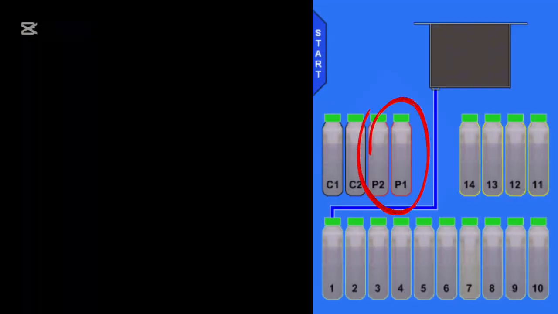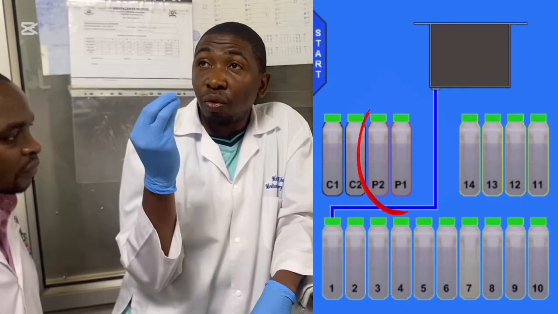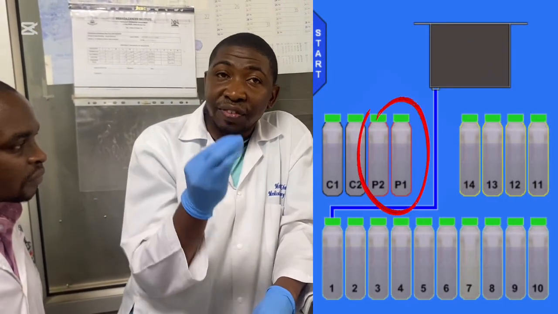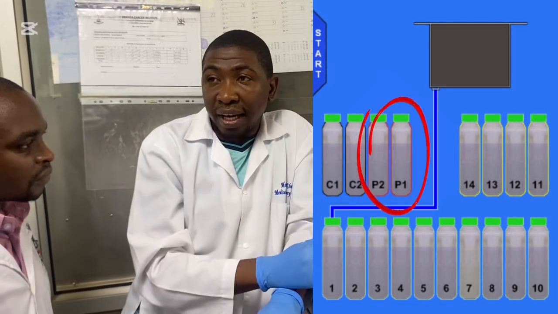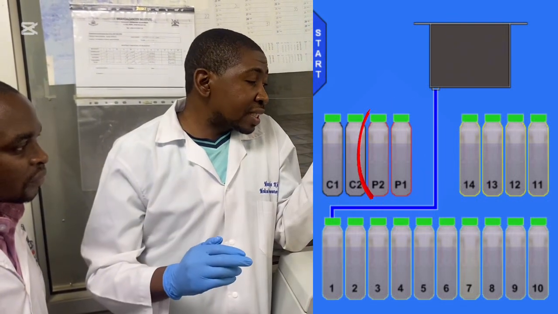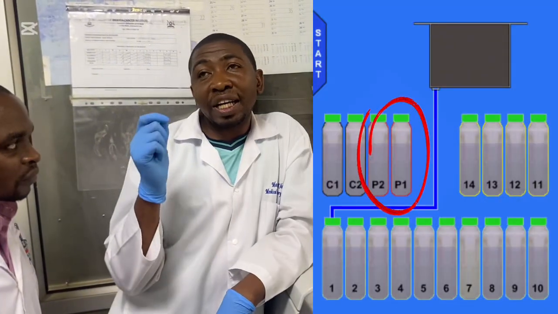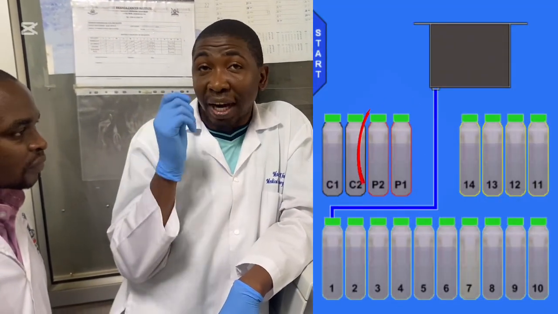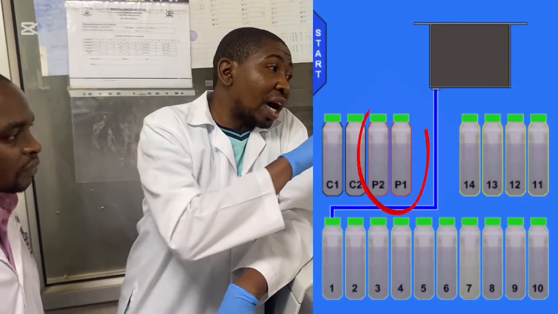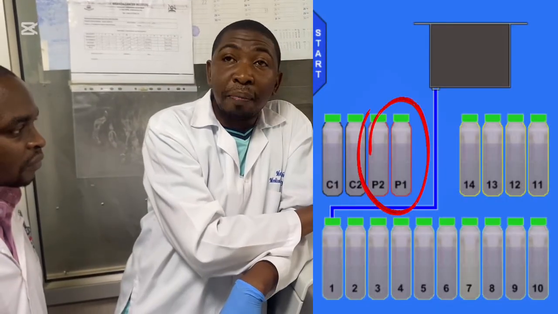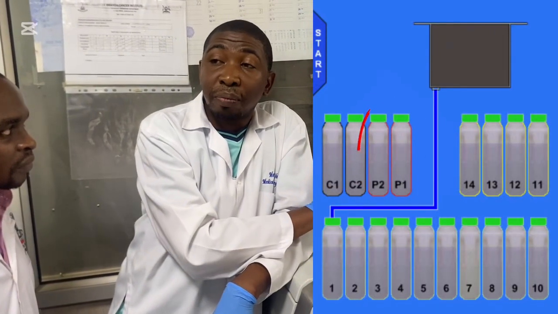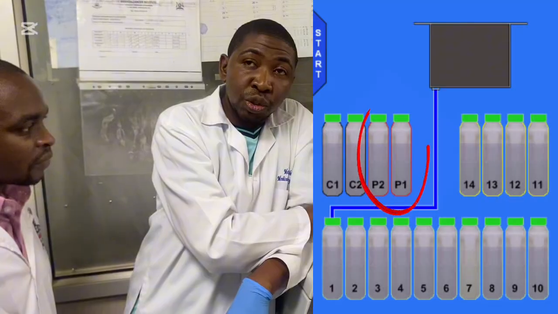After processing, these containers have wax, and definitely, wax will solidify. So the reagents in these two bottles are basically used for cleaning. Purging, we are cleaning. After processing, we come back to our machine and click on purging 1 and 2.